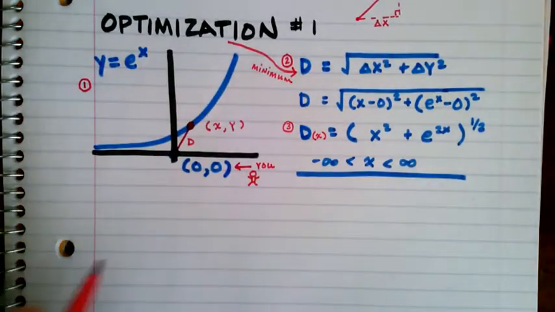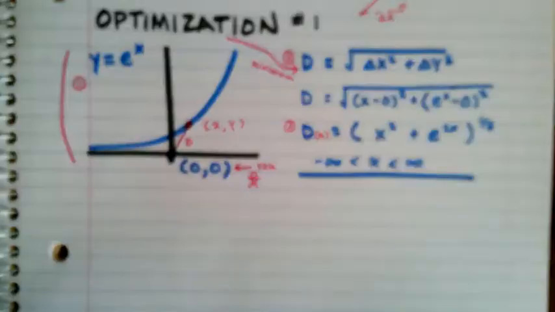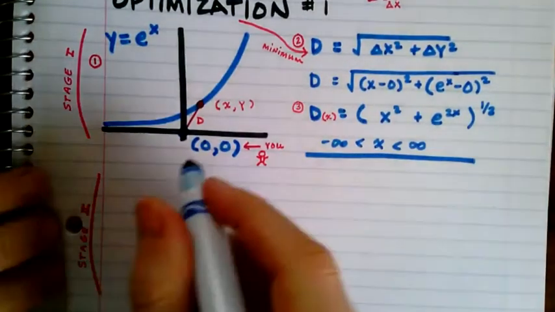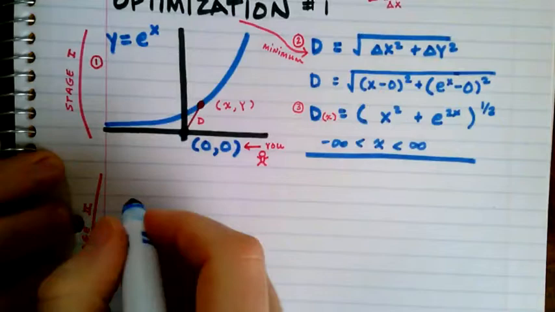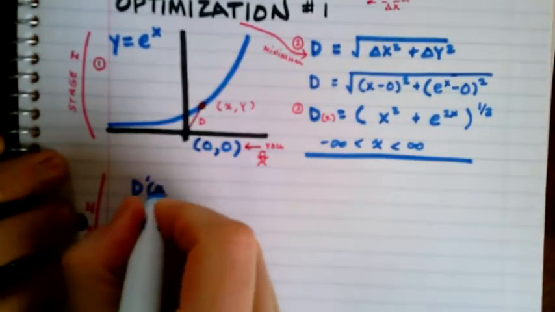Here's what stage two looks like. In stage two, what we're going to do, since we want the minimum, is we are going to first take the derivative of our equation.